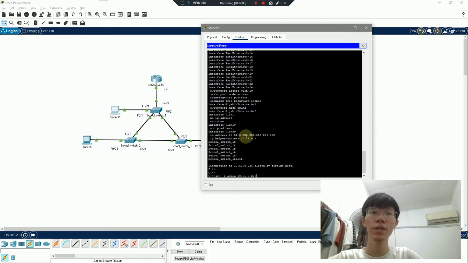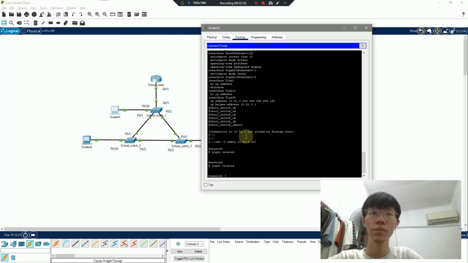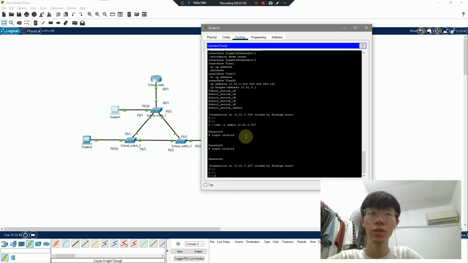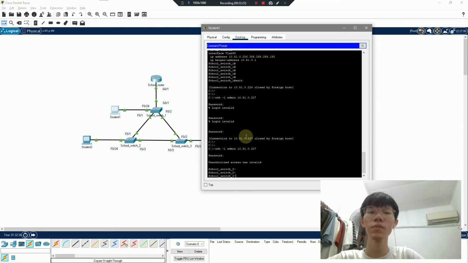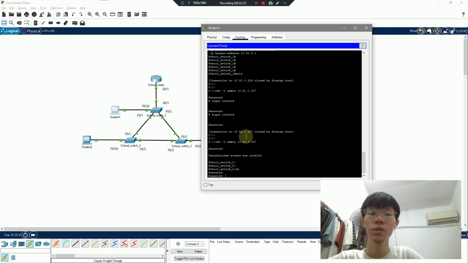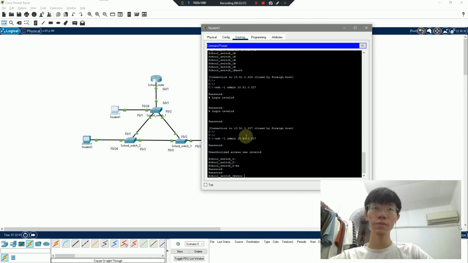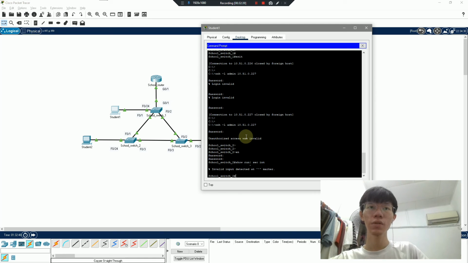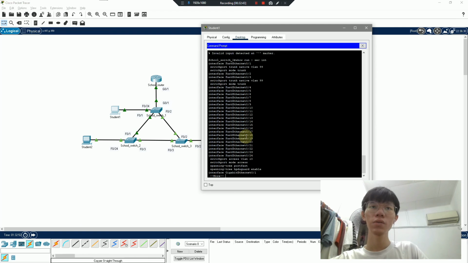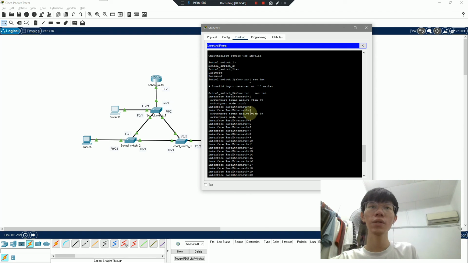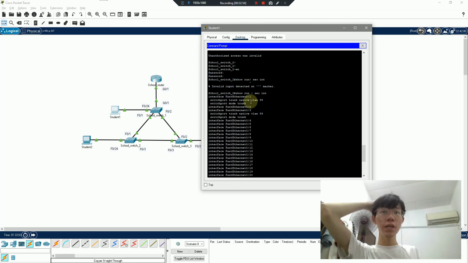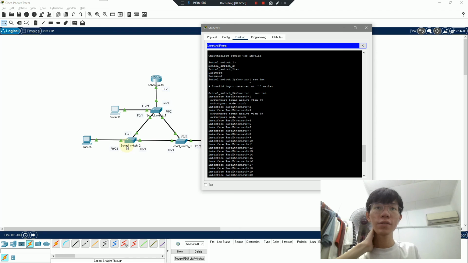The next is switch 2. Enable, then show running-config with section interface. On switch 2, FastEthernet 0/1 is trunking with native VLAN 99.